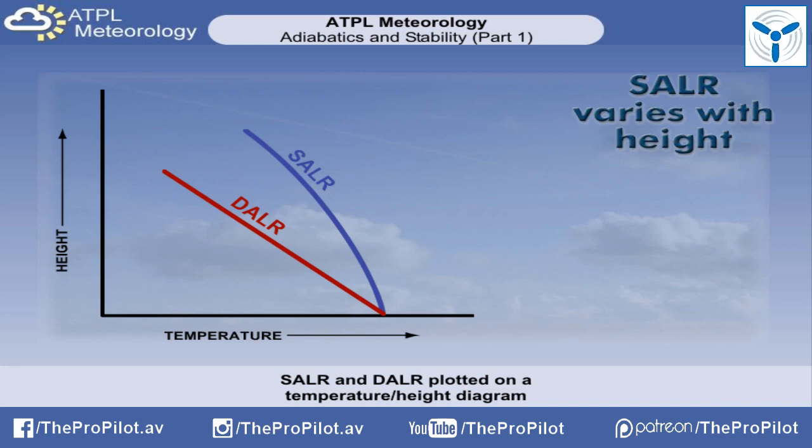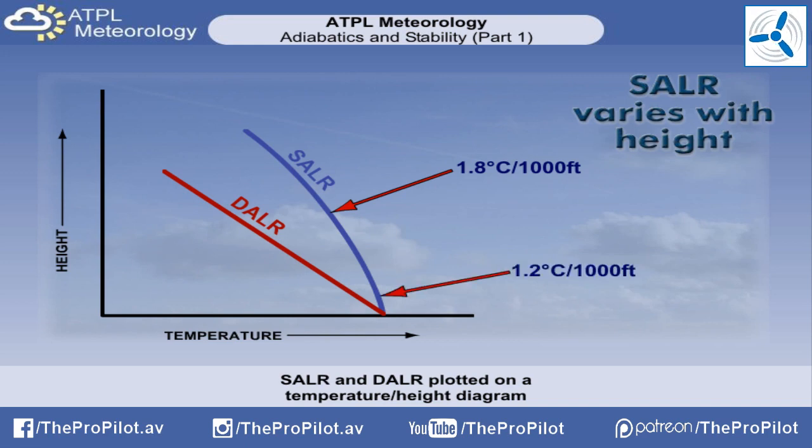The most commonly used average lapse rate of the SALR is 1.8 degrees Celsius per 1,000 feet, or 0.6 degrees Celsius per 100 meters. However, the actual rate varies from around 1.2 degrees per 1,000 feet at 26 degrees to 2.2 degrees when the temperature is around minus 10 degrees.